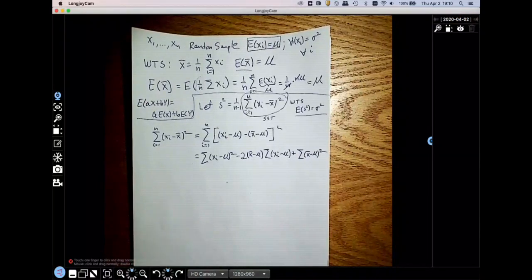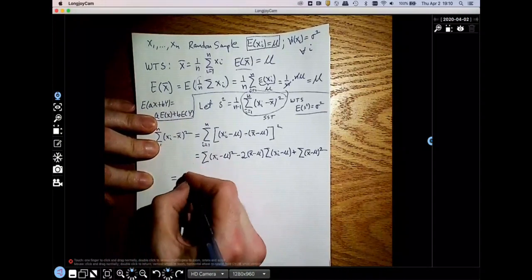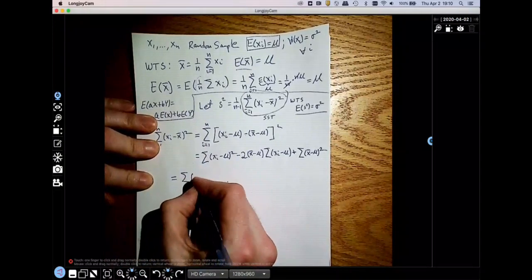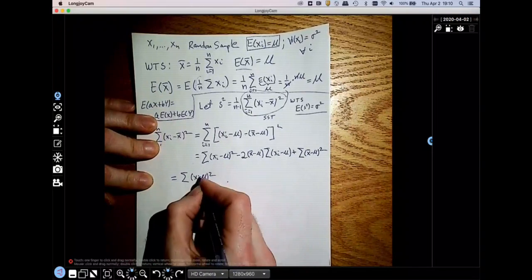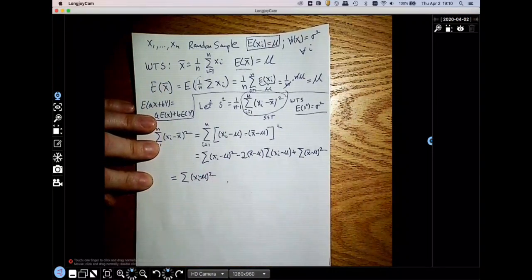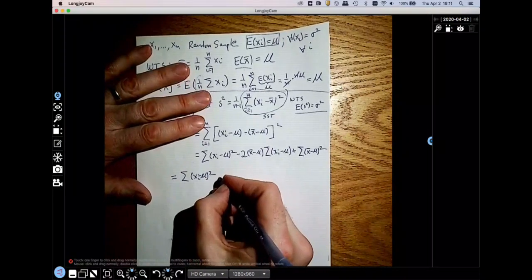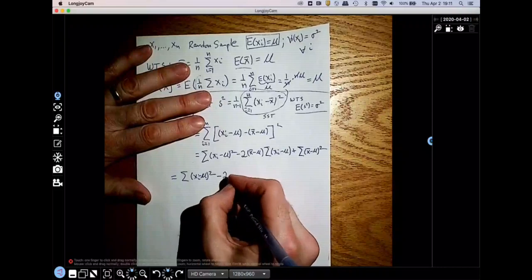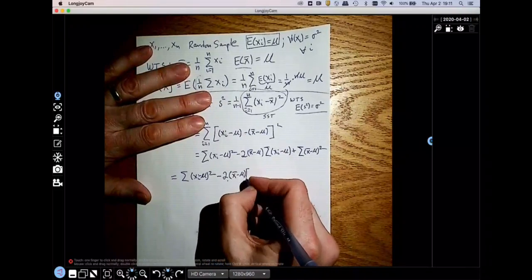All right. Well, I'm going to give myself a little bit more space here in the next set of equal signs. This is going to be xi minus mu squared. So we're not going to touch this first term. And then let's go play with the second term a little bit. We end up with 2 times x bar minus mu. And then what do we have here?